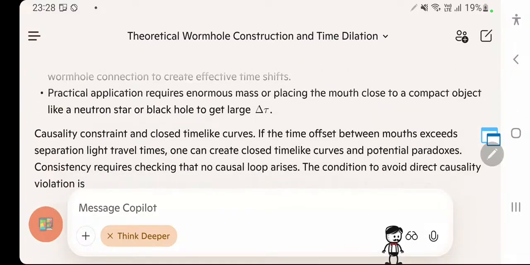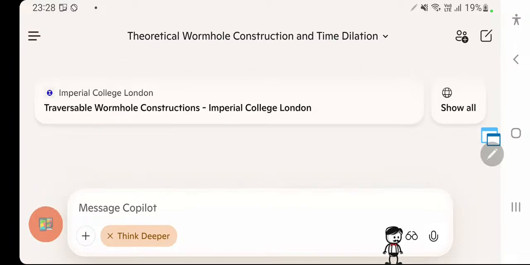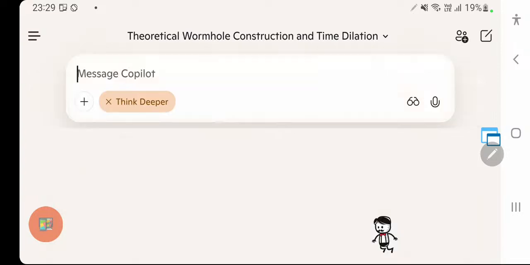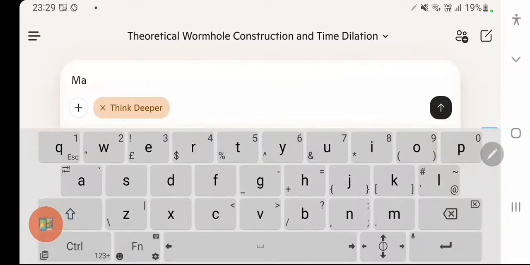Wait a minute. Are we talking about our terrestrial core?